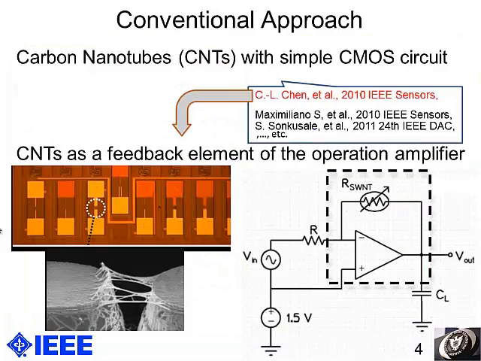Conventional approaches are mostly on carbon nanotubes with simple CMOS circuits. For example, C.L. Chen and his co-workers have demonstrated a single-wall carbon nanotube on a CMOS substrate. They use the carbon nanotube as a feedback element of the operational amplifier, like this figure.